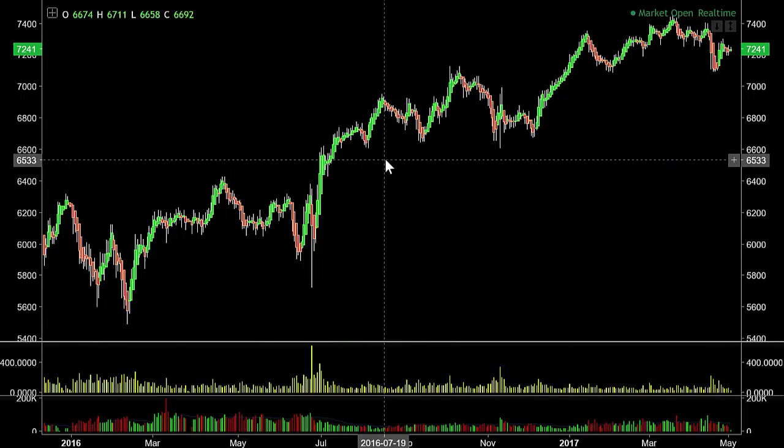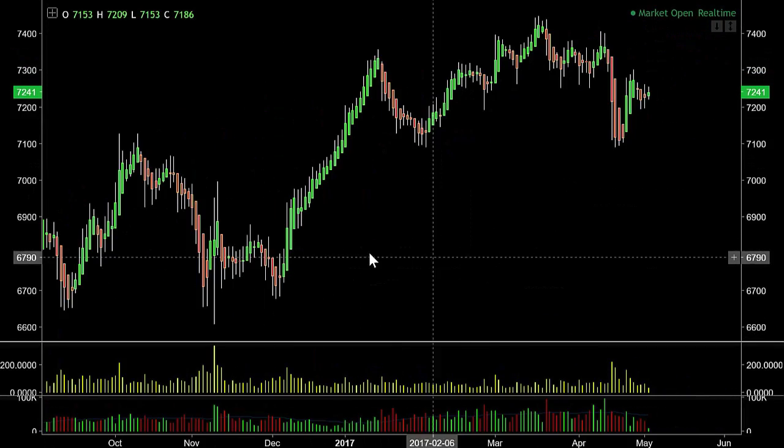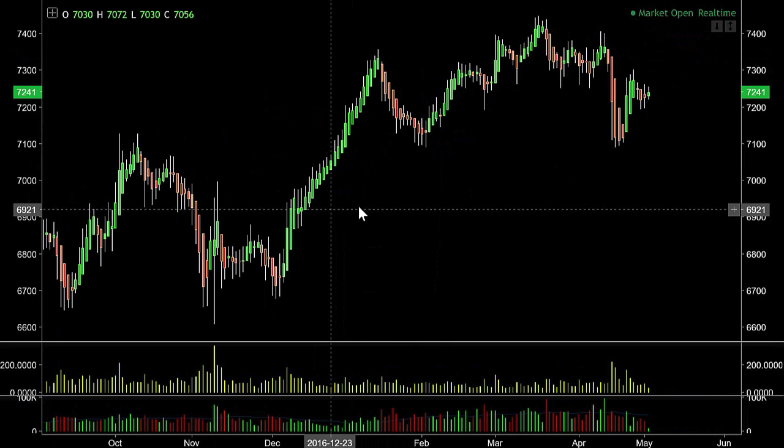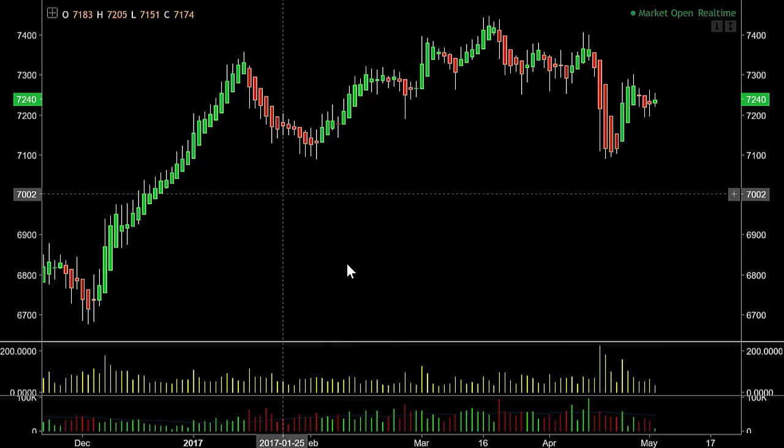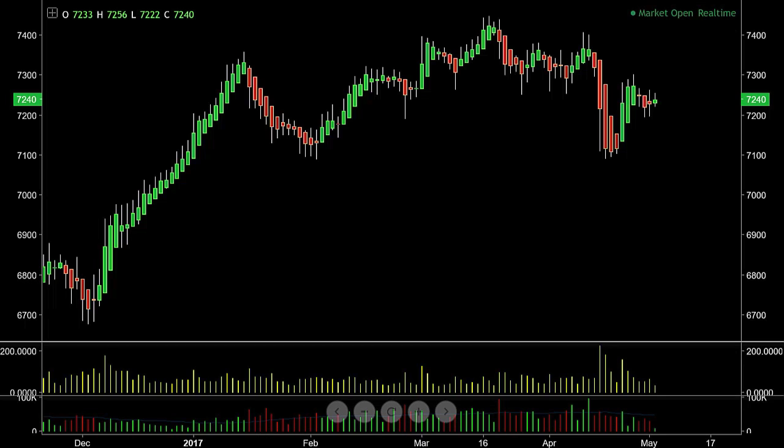Heikin-Ashi. Now Heikin-Ashi, without going too complicated about it, basically the candle isn't really decided based on the open, high, low and close. It's decided based on the prior day as a formula, which is why you get this unusual situation where you get a lot of greens and a lot of funny shaped candles.